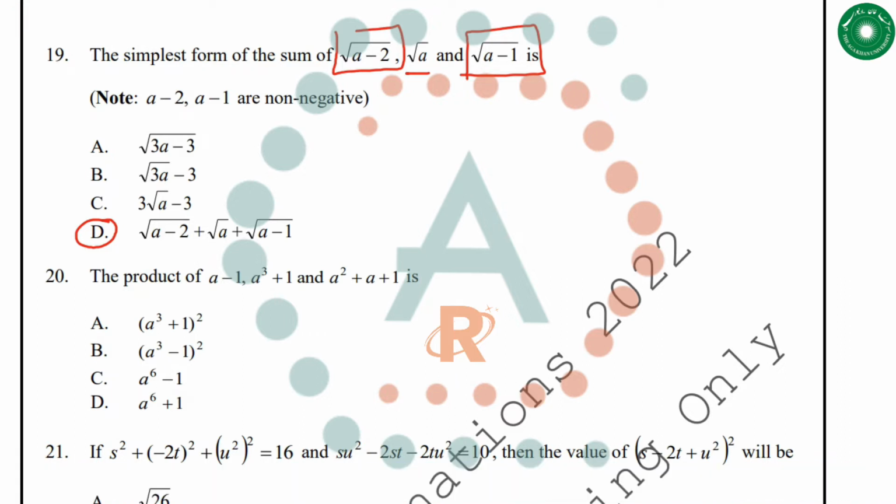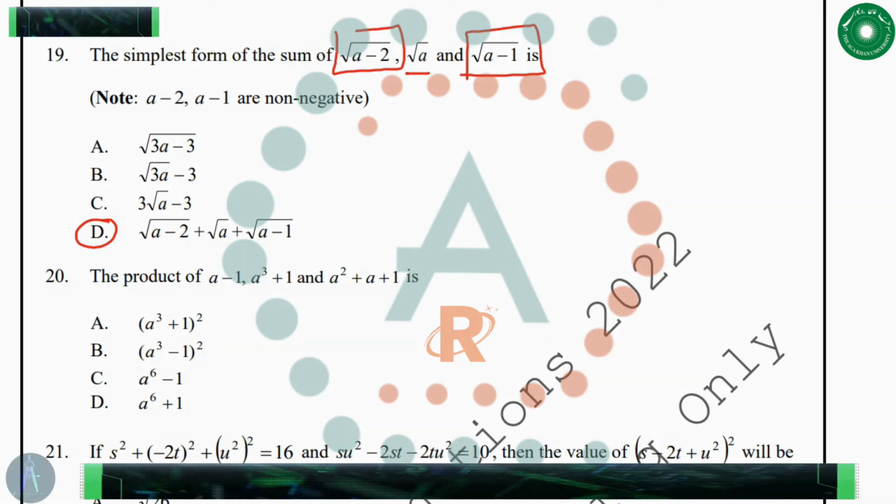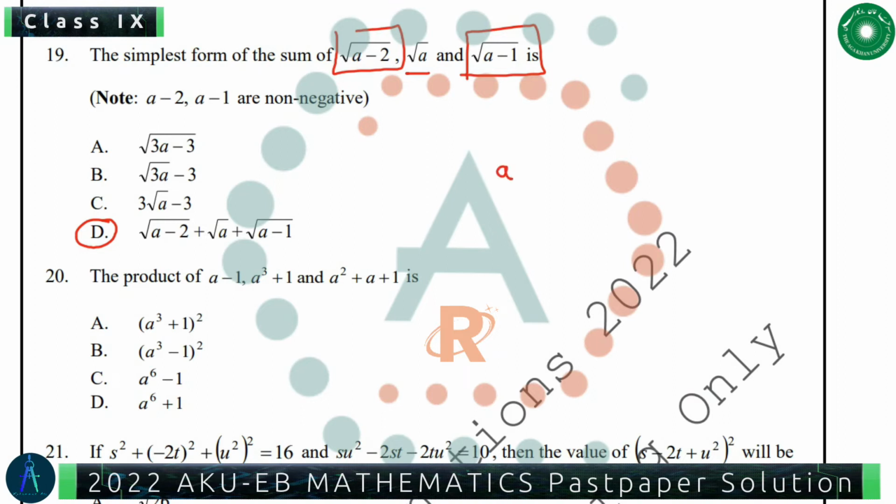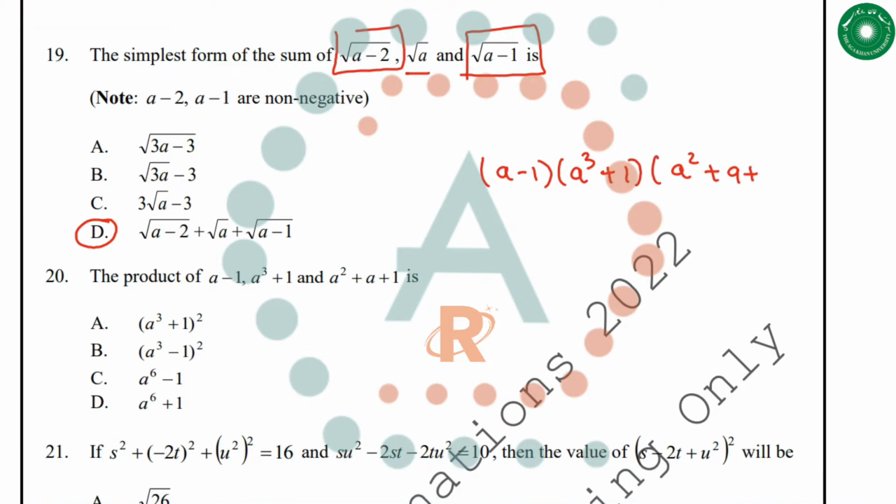The product of a minus 1, a cube plus 1 and a square plus a plus 1 will be. So a minus 1, a cube plus 1 and a square plus a plus 1.